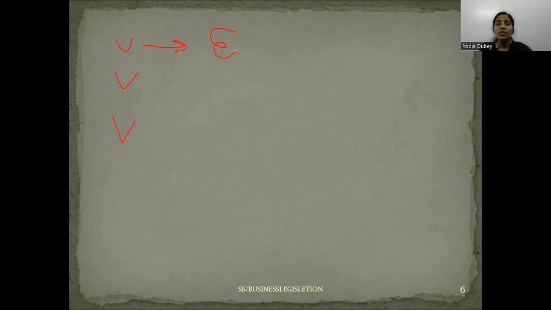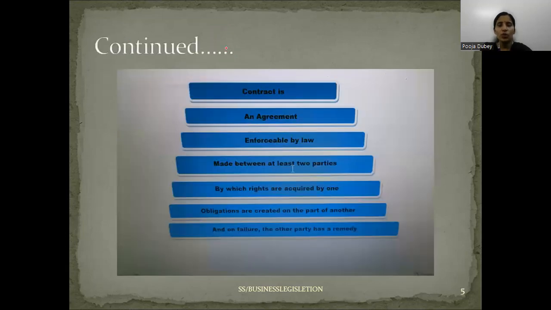So what are the essential elements that need to be present to be said a valid contract? There are many essential elements. I have told you that there must be enforceability by law.